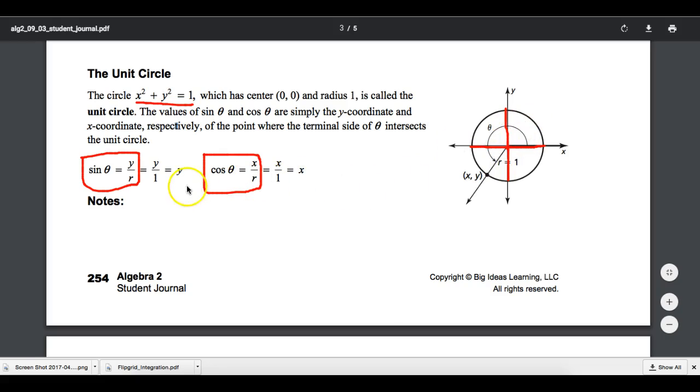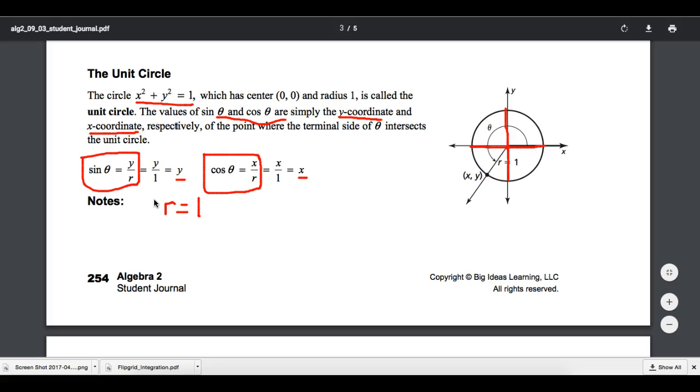Now, in the unit circle, r is equal to 1. So when we plug in 1 into these formulas, we get y over 1 equals y, and x over 1 equals x. So we get sine equals y, and cosine equals x. That's why sine and cosine are simply the y coordinate and x coordinate respectively, because our radius is 1 in the circle.